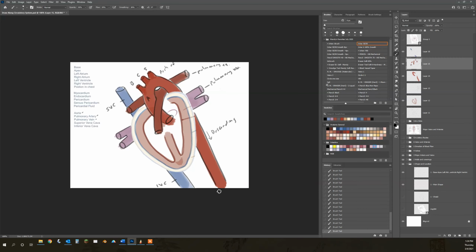And it's going to keep on going down until it comes through the diaphragm, where there's a hole for it. So the descending, and then when it gets below the diaphragm, it becomes the abdominal aorta.